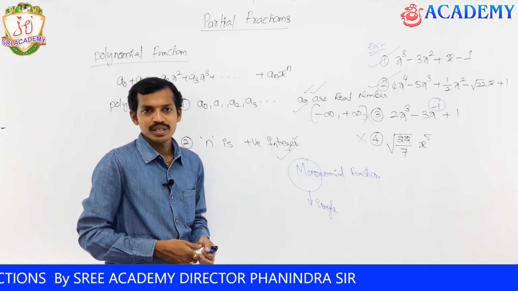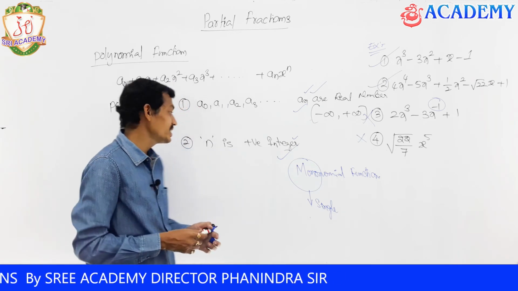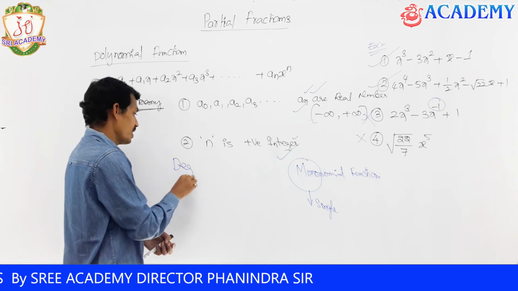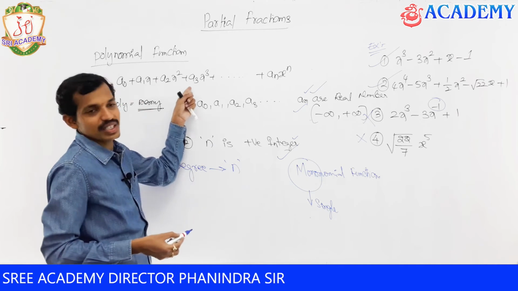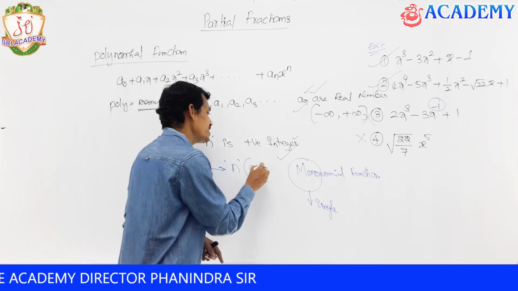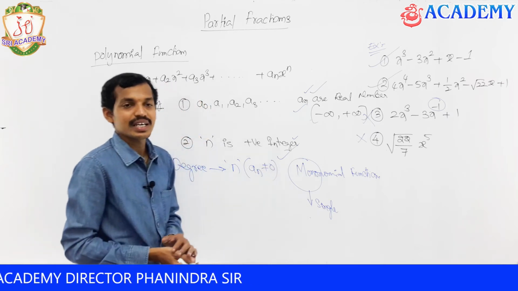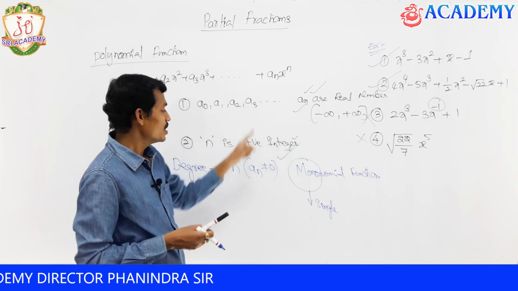Two or more terms give a polynomial function proper. Every polynomial function has a degree. For this function the degree is n, but the coefficient of the highest power must not be equal to 0. Here x to the power n is the highest term, and its coefficient should not equal 0.